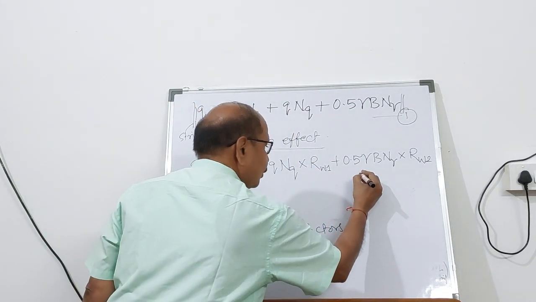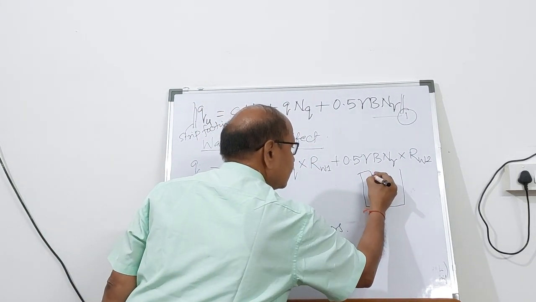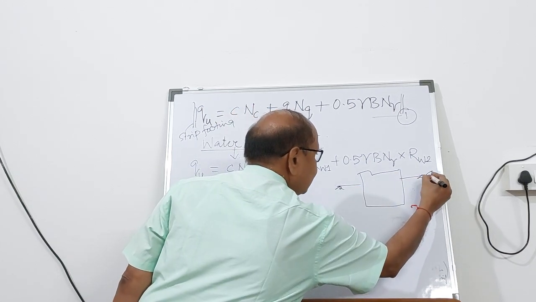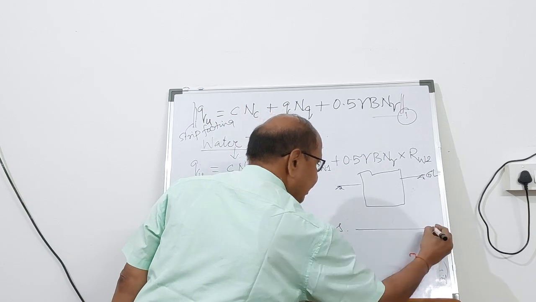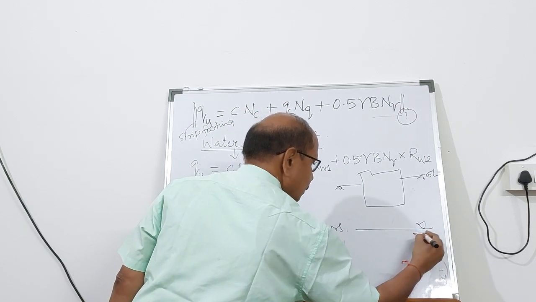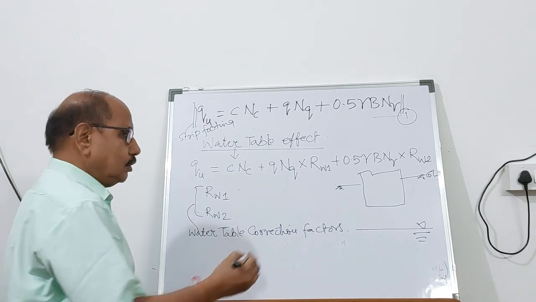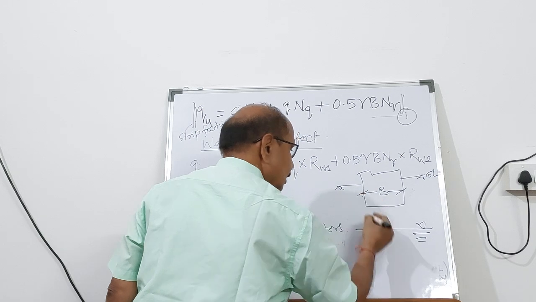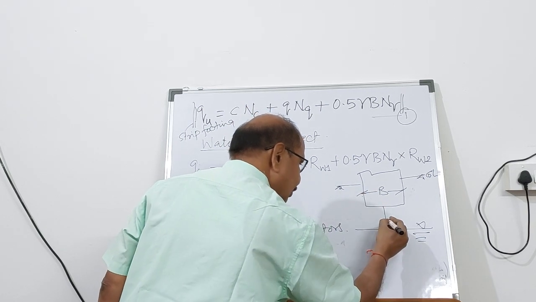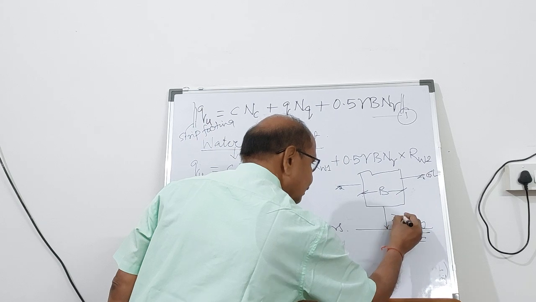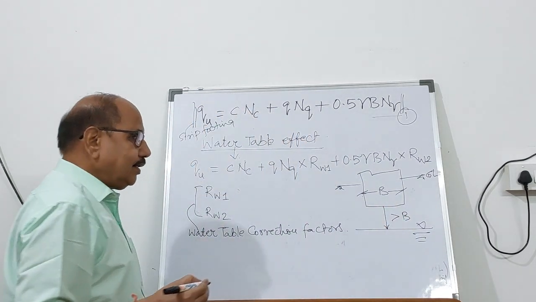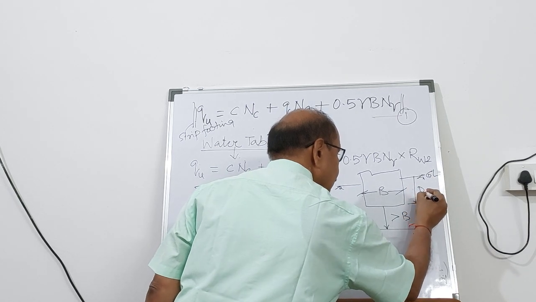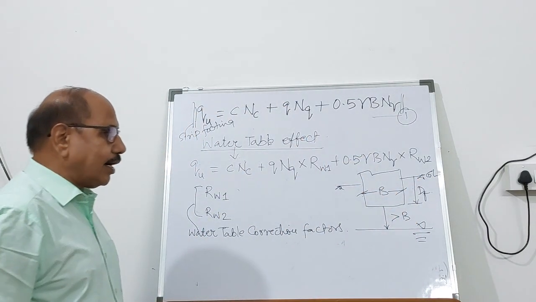So if this is the footing embedded into the ground, this is the ground level, and the water table is very, very deep, the size of the footing is B here. So if this depth of water table is greater than B, no correction is required.